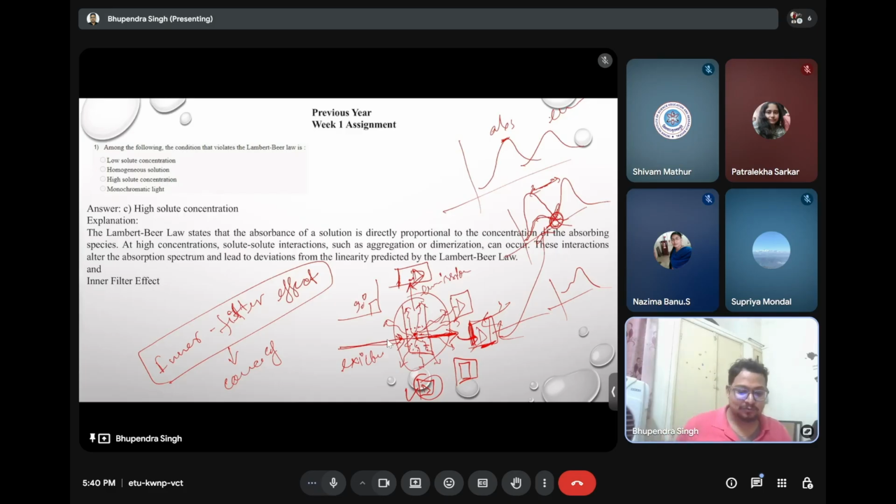This also can be true. So this is coming because of the absorption. If you place the detector here, I think you got the point. So to avoid that, we are placing the detector at 90 degrees. You'll get the clean emission data, with no contribution of the transmitted light. That's it.